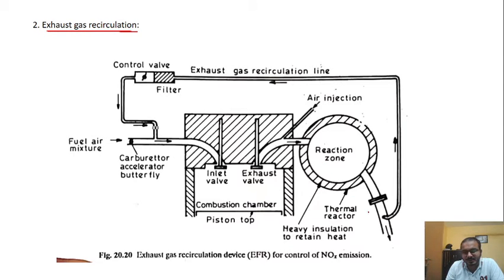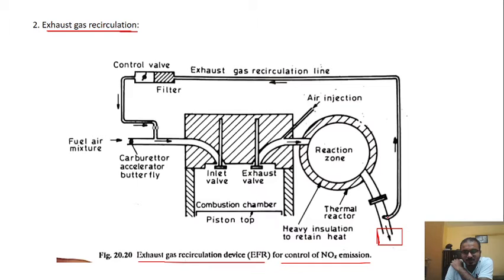So let's begin with this portion. And a very important thing is that the exhaust gas recirculation device, that is EGR, is used for control of nitrogen oxide emissions. Okay, so let's focus on this figure first.